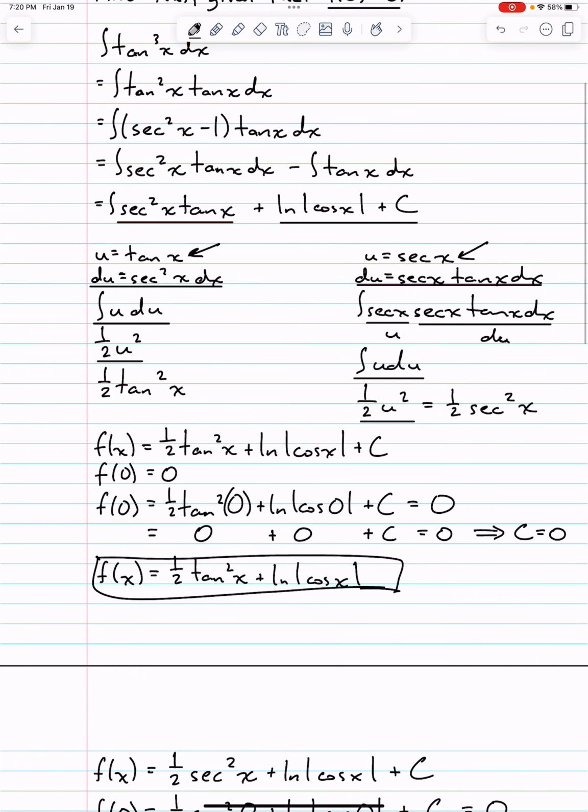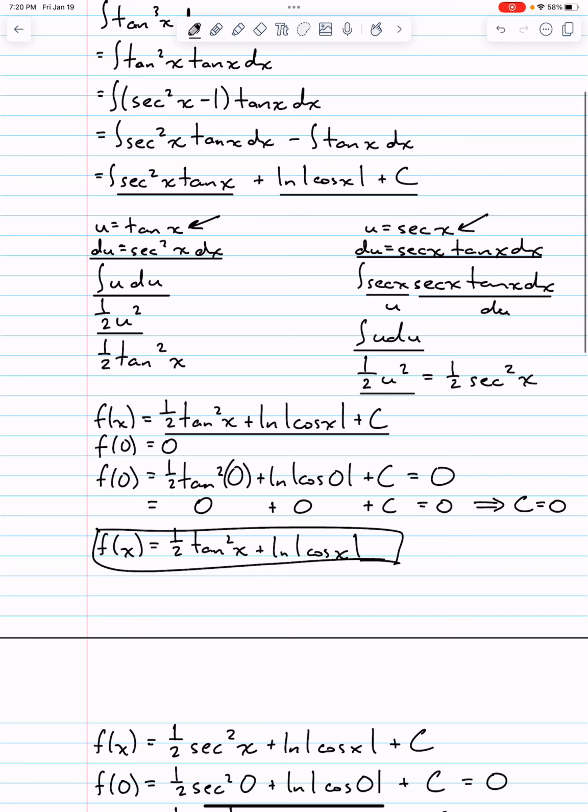So let's do this for both those functions. For this method here, we have 1/2 tangent squared x plus natural log of absolute value of cosine x plus c. I know that when I plug in 0 for x, I should get 0 for the overall function. Plugging in 0 for all my x's gives me c equals 0. So when I go that route, my function is f of x equals 1/2 tangent squared x plus natural log of the absolute value of cosine x, no constant.